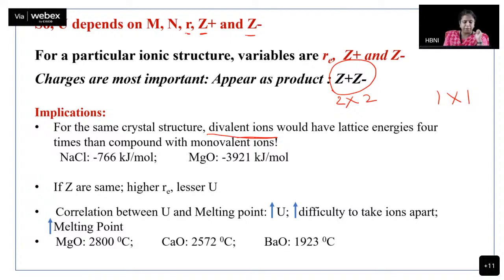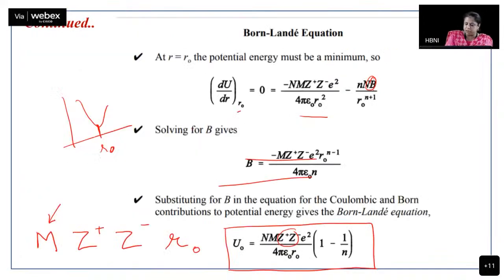All right. Now, if Z is same, let's say charges are same, for example, I'm talking about magnesium oxide, calcium oxide, and barium oxide, then higher is the R naught, lesser would be U. Why? Because the distance of separation appears in the denominator.